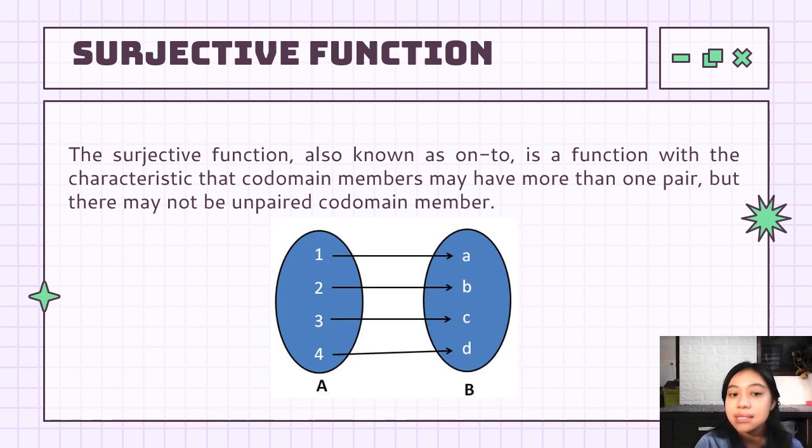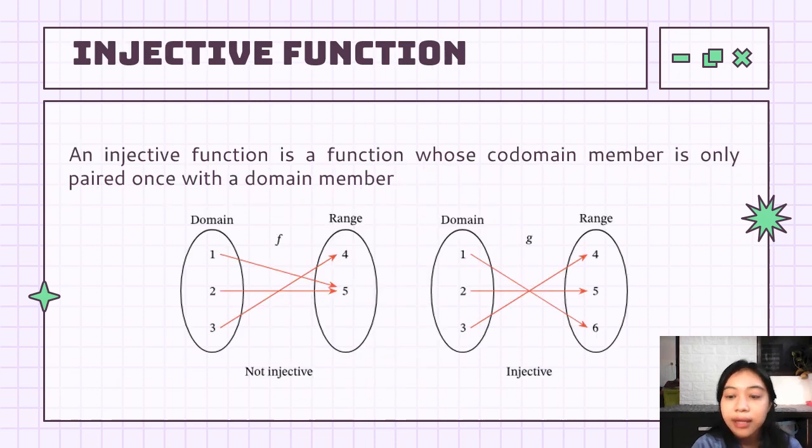You can see in the slide there's a set A and set B. It is a surjective function. And injective function. An injective function is a function whose codomain member is only paired once with a domain member. You can see in the slide, on the right side is an injective function and on the left side is not an injective function.